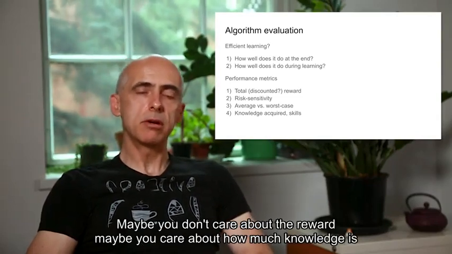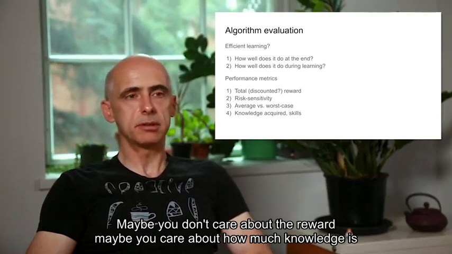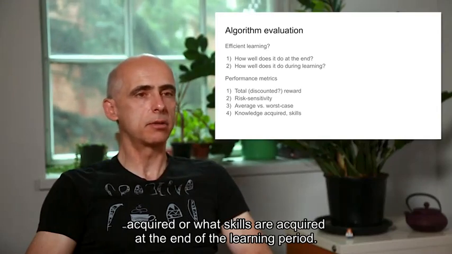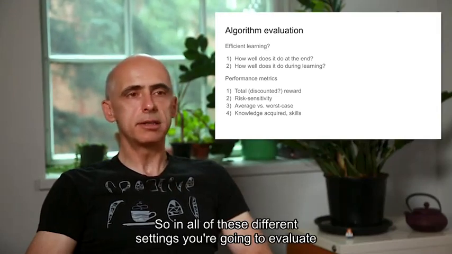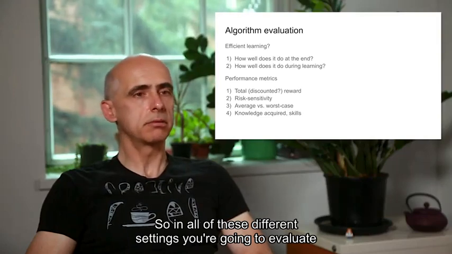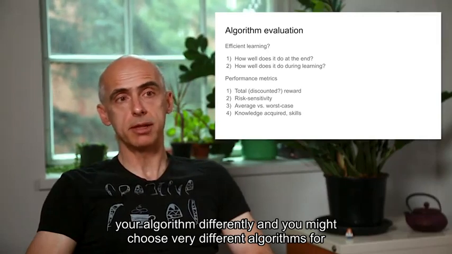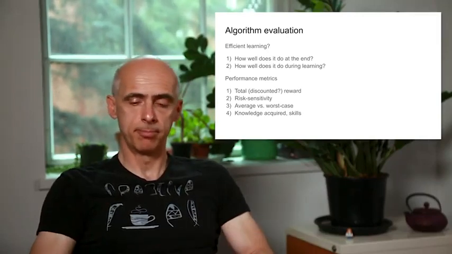Maybe you don't care about the reward, maybe you care about how much knowledge is acquired or what skills are acquired at the end of the learning period. So in all these different settings, you're going to evaluate your algorithm differently, and you might choose very different algorithms for different settings.